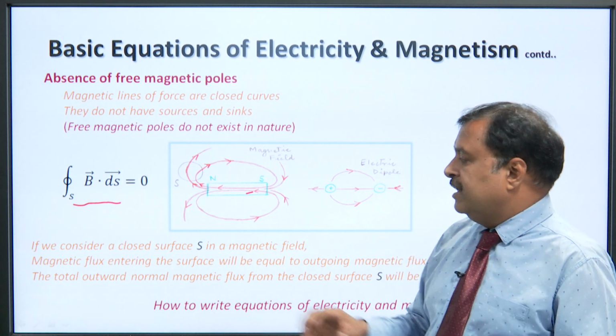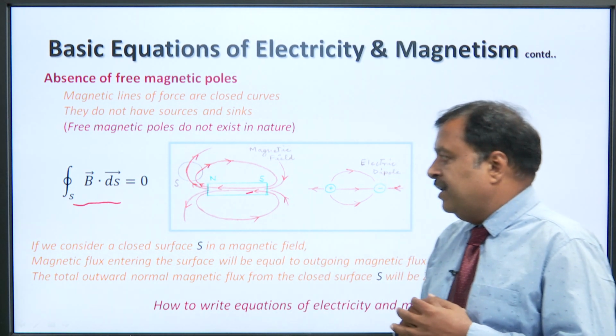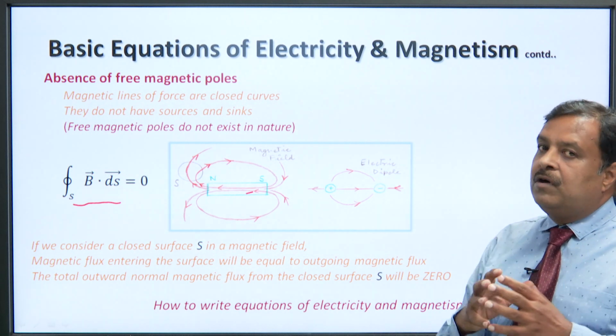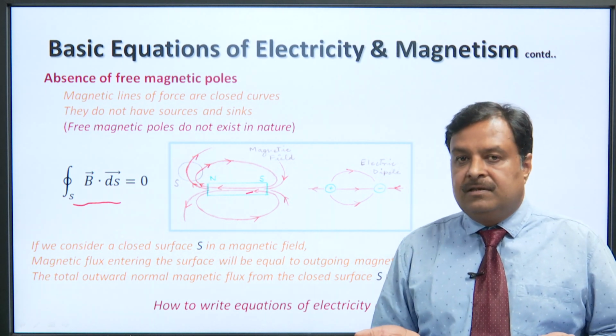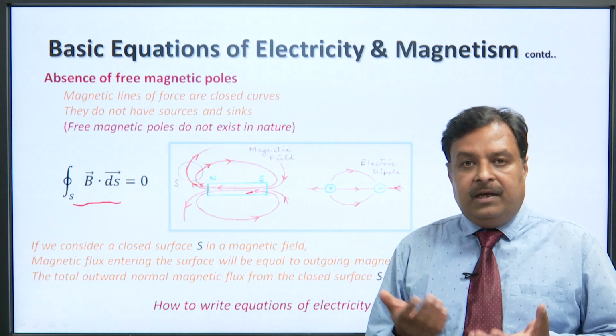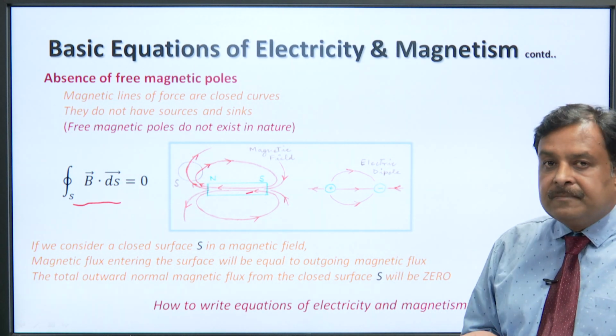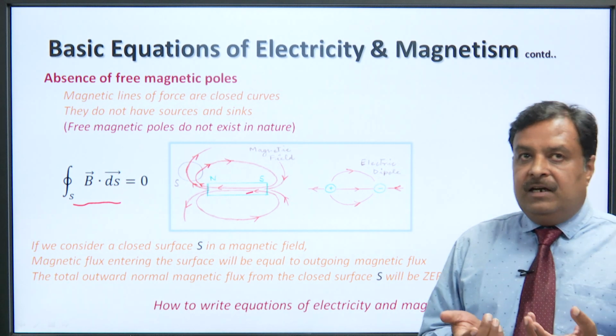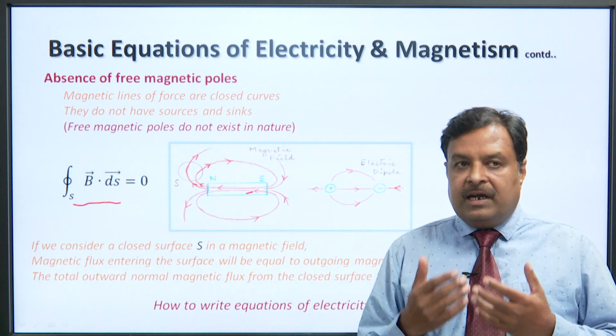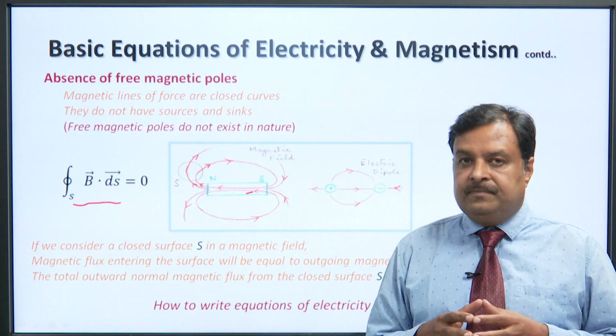So, if I consider a closed surface in a magnetic field, then total outward normal magnetic flux will be 0. Why will it be 0? Because magnetic lines of force are closed curves. Magnetic field does not have sources and sinks.